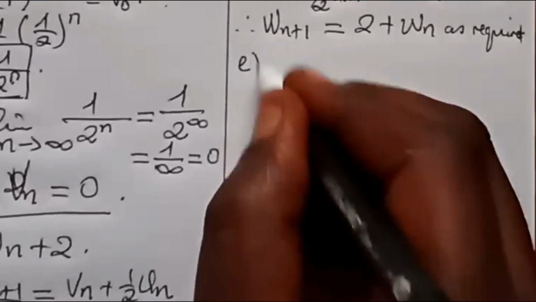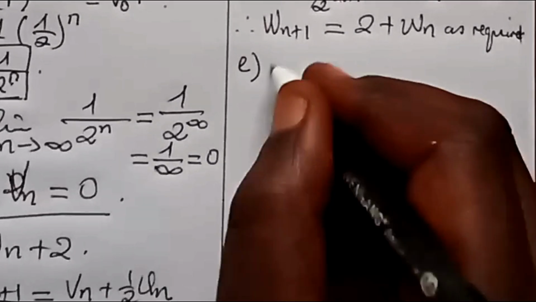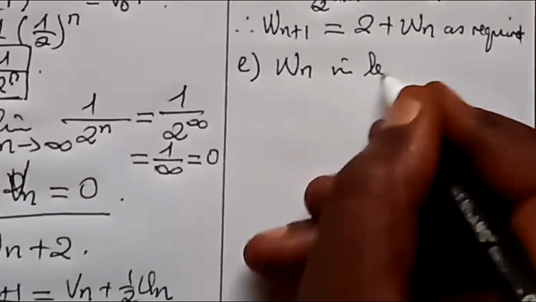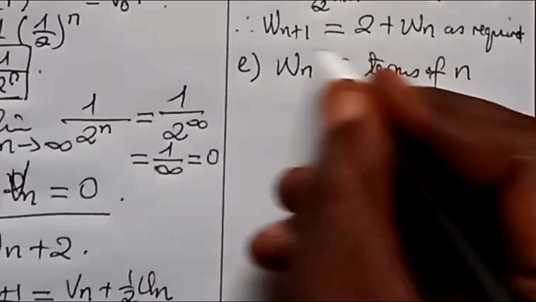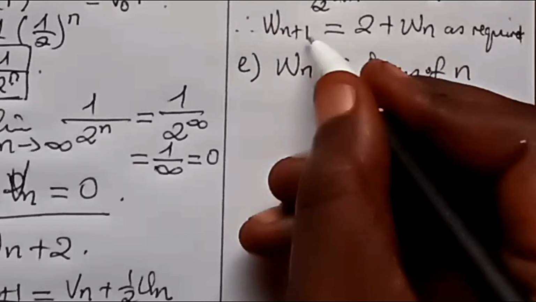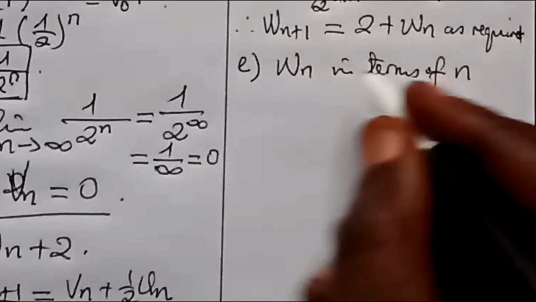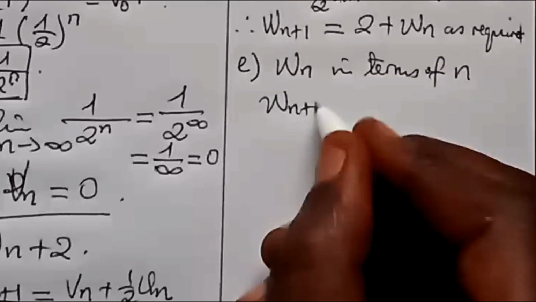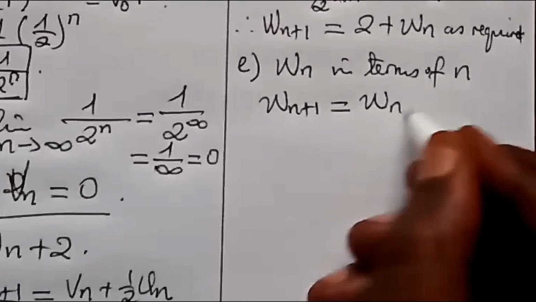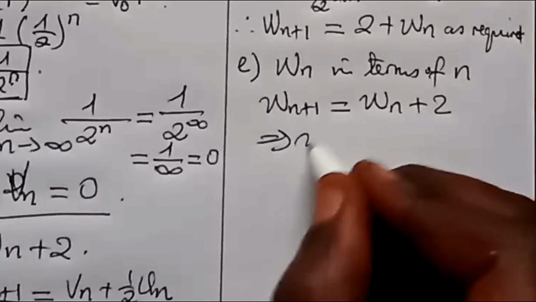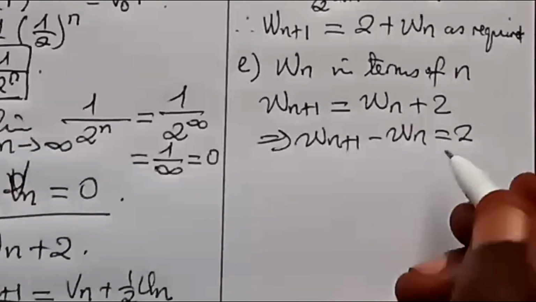In the E part, we are asked to express Wn in terms of n. Remember, in the D part, the question required that we should characterize Wn after this expression was proven. And from there, we can see that Wn plus 1 should be equal to Wn plus 2, which follows that Wn plus 1 minus Wn equals 2.